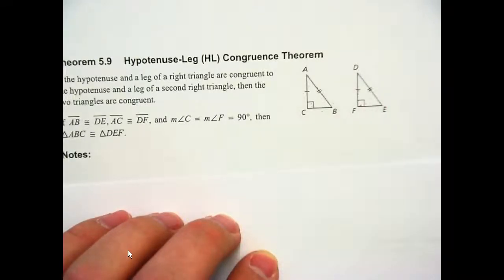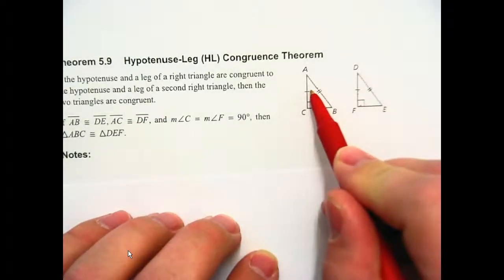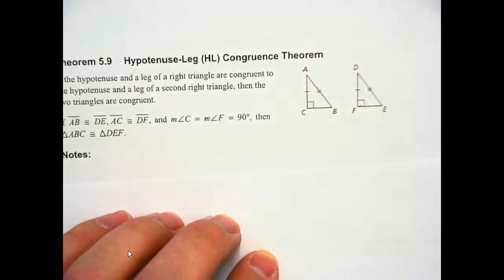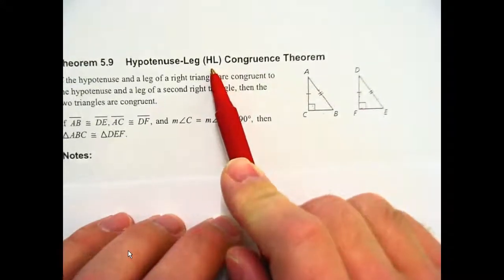So side angle side would be in between. It's a good question. We don't need to do any bad words in here. Okay? Hypotenuse leg. HL? Yeah. You see what I mean? We shouldn't have to abbreviate that.